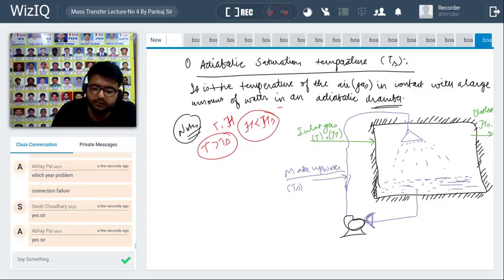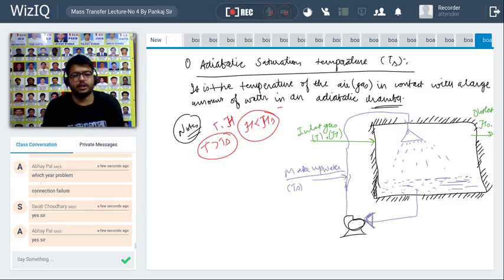If the contact time between air and water is very large, then it allows equilibrium to be attained, and in that condition the temperature will become equal to the saturation temperature and the humidity becomes equal to the saturation humidity. But if the contact time is not so large, then the temperature will be greater than Ts.